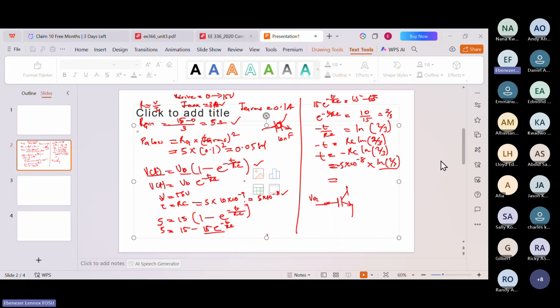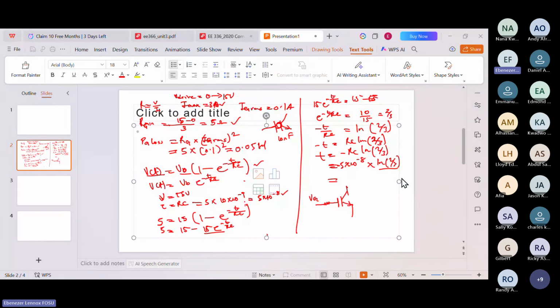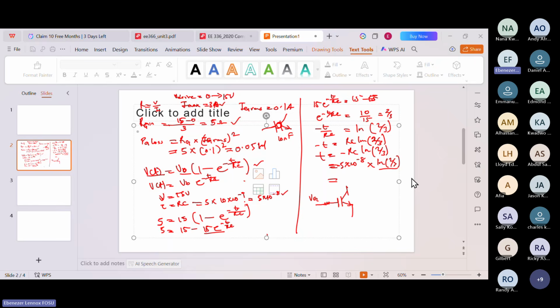So this term will give us a negative value, which will multiply this negative. At the end of the day, you end up with a positive time. So you get minus 5 times 10 exponent minus 8 multiplied by ln of 2 over 3. I would like you to do that calculation and then give me the value.